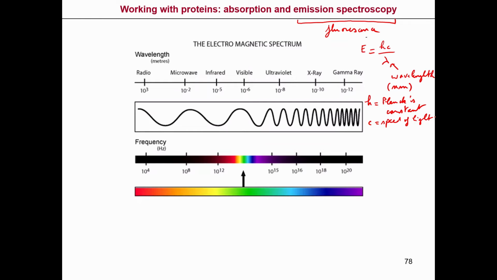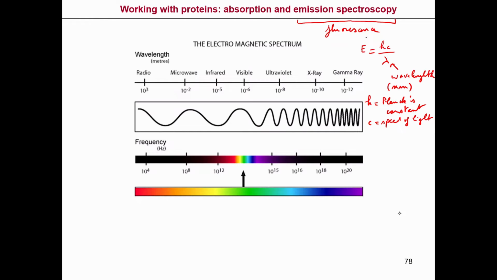We can classify the electromagnetic radiation by wavelengths. For us, we will use two of three regions.